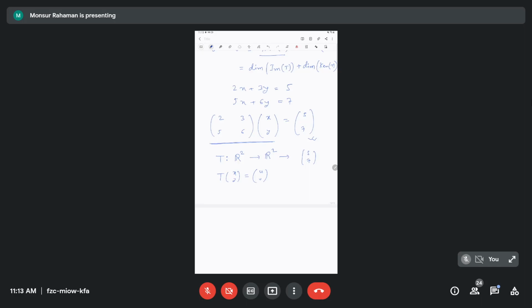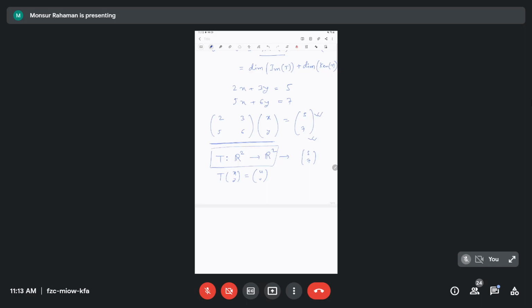So it is not always that you are going to find this linear transformation is one-to-one. Okay, if it is guaranteed that it is onto, then for any vector in U, you will always get a solution.